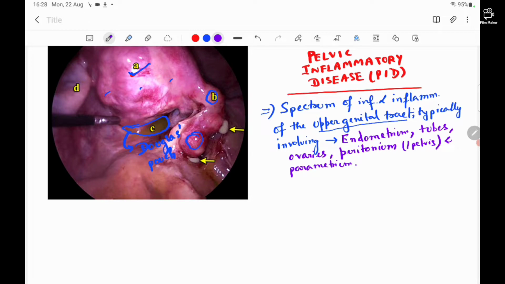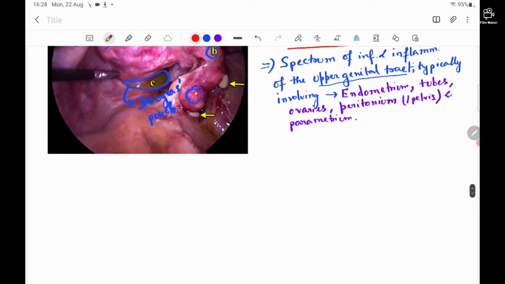What you should remember here is that in the classification of PID, we never consider cervicitis. This is not a PID.